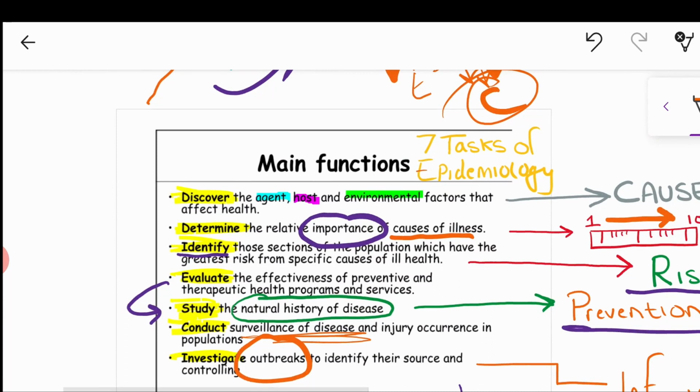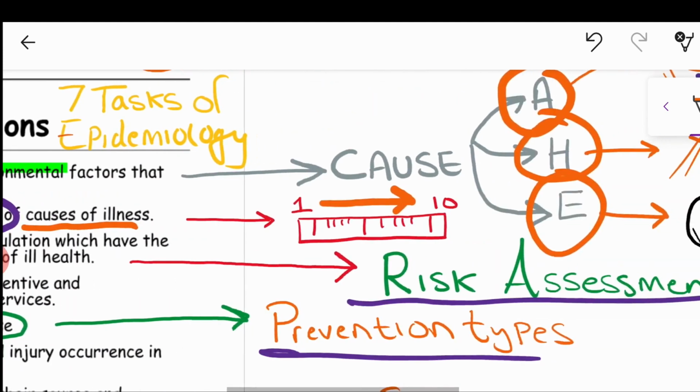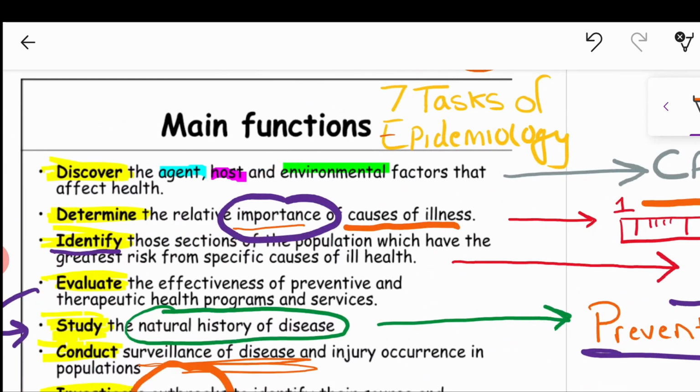Now, determining the importance of the illness, the important word is the importance. Here we want to categorize and rank in terms of importance the risk factor. This is tricky, however, it is beneficial.